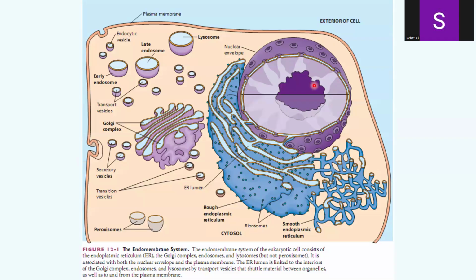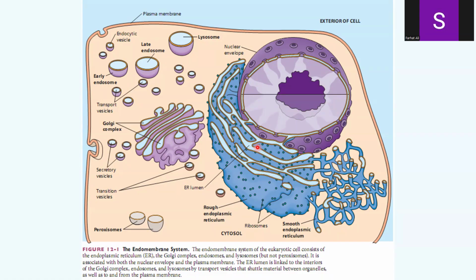So this figure here shows an overview of the various components of the endomembrane system. So this represents the nucleus, and here you can see that the endoplasmic reticulum is shown in this part of the cell. Well, actually, to simplify, the organelles are shown in only one particular region of the cell.